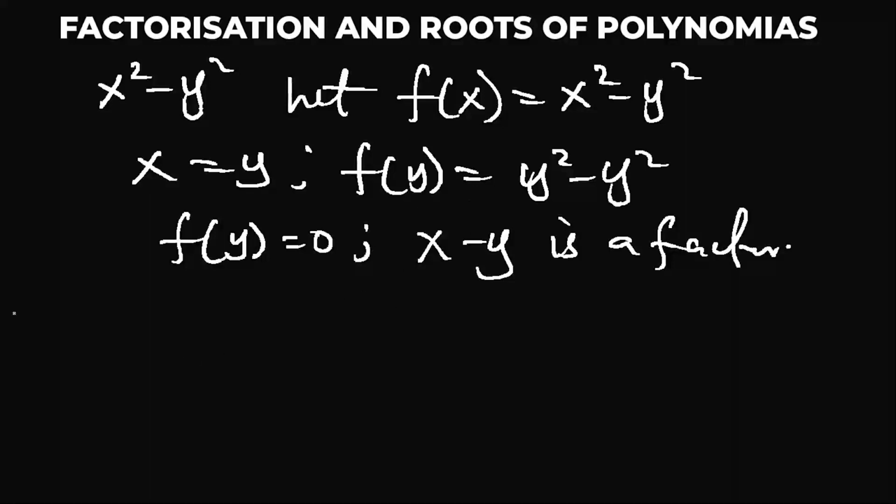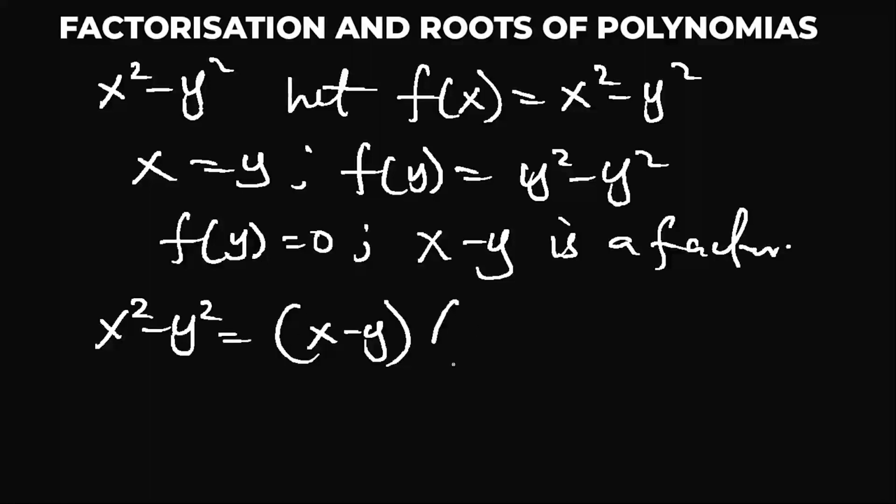So if this is one of the factors, we say x squared minus y squared is equal to x minus y into bracket a plus b, where a plus b is the second factor that we are looking for.